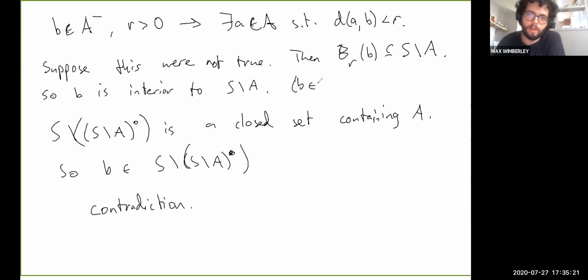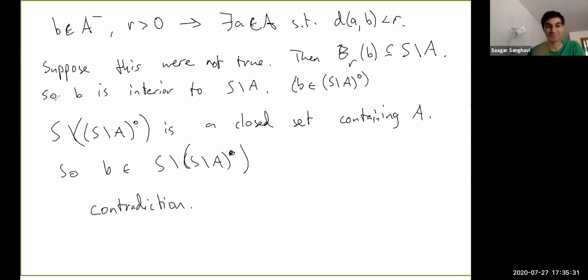So this is saying B is in the interior of this. Does this make sense? Do you understand why this is saying B is interior to the complement of A? Because we found a radius around B that stays within the complement here, right? Mm-hmm. So B is interior to the complement of A.